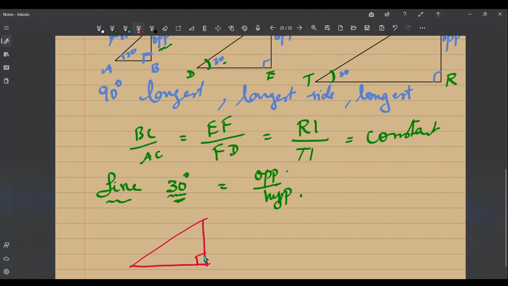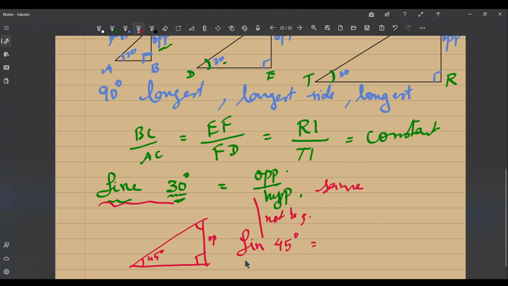This is 90 degree, and this is also 45, this is also 45, because they add up to 90 degrees, isn't it? So sine 45 would be a different ratio, because the opposite here would be different. These two will not be equal, but sine 30 will always be the same throughout.